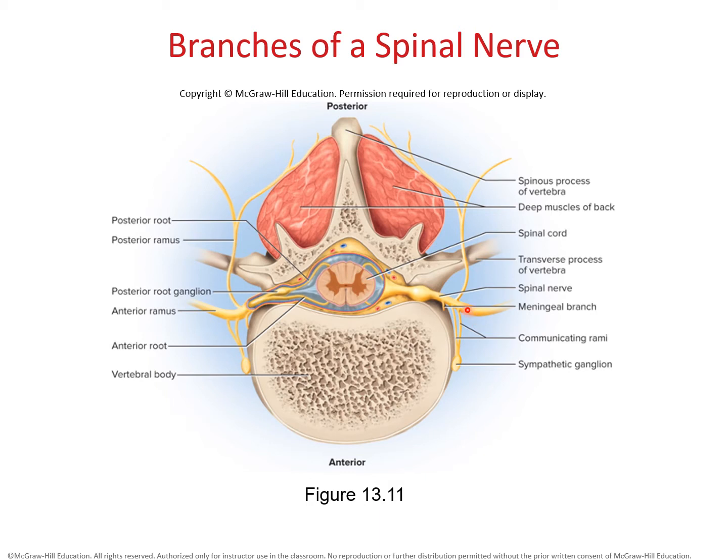Coming off of this anterior ramus, we have what your text is calling communicating rami, or they're also called rami communicantes. One of them is gray, one of them is white, and they join with a sympathetic ganglion. So all of this right in here is autonomic nervous system, and we'll get to the details on that in another chapter.